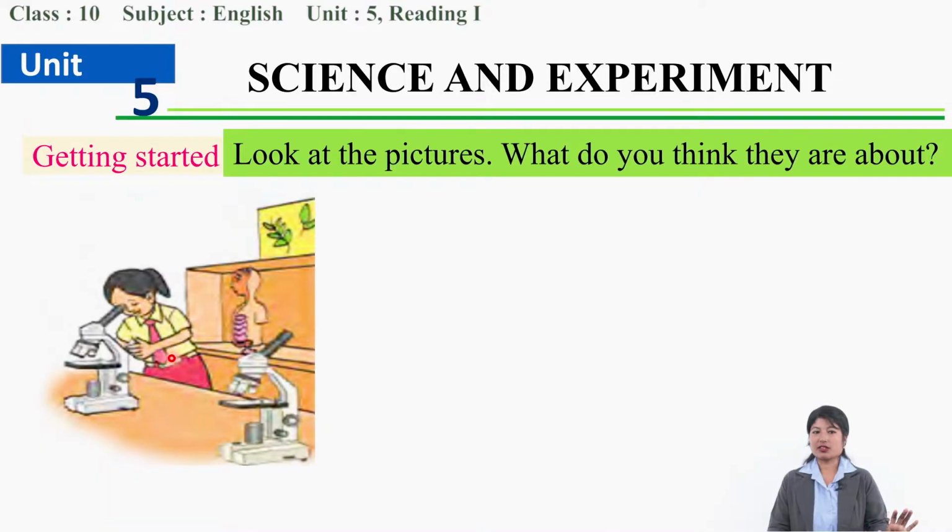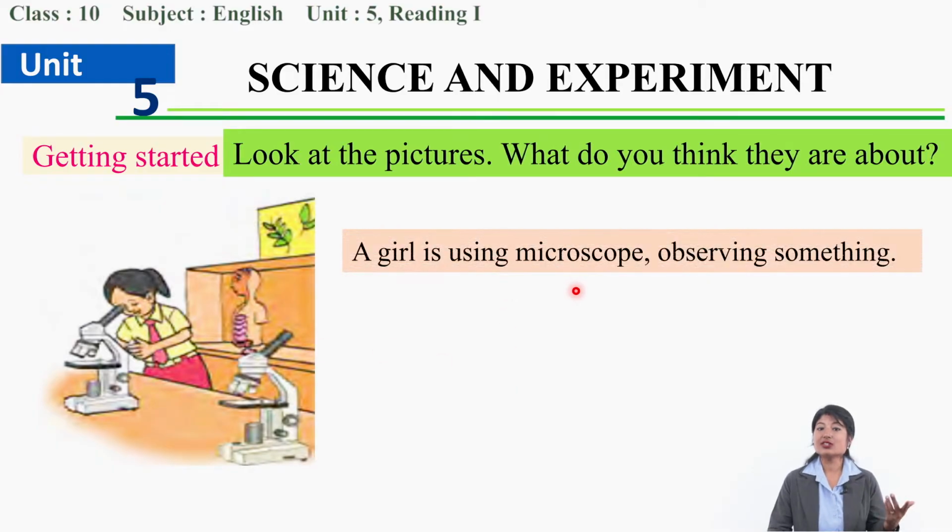Okay, let's talk about this picture one by one. The first picture, look at the first picture properly. What can you see over here? Yes, it seems that it is a lab, science lab, and we can see a girl, right? And a microscope. What is she doing? Yes, a girl is using microscope, observing something into it, right?